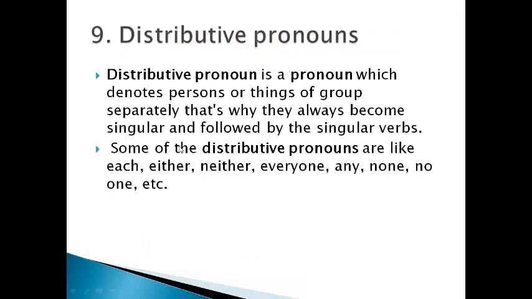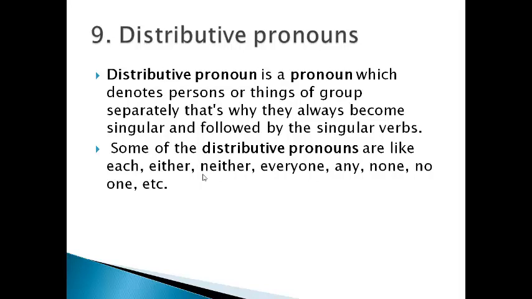Next one, distributive pronouns. Distributive means scattered. When we want to denote persons or things grouped separately, it is always singular and followed by singular verbs. Distributive pronouns are like each, either, neither, everyone, any, none, no, no one, etc. For example, any one student can come onto the stage.